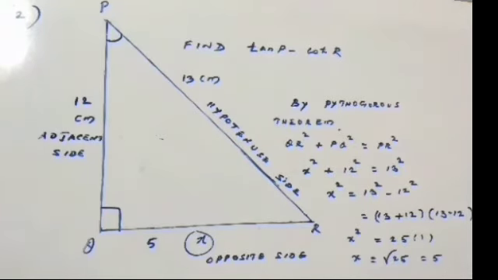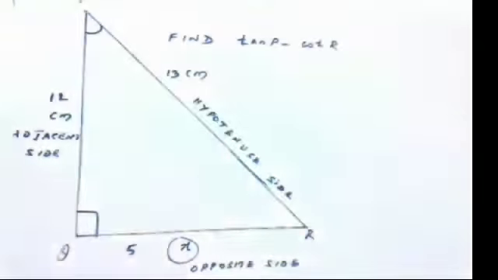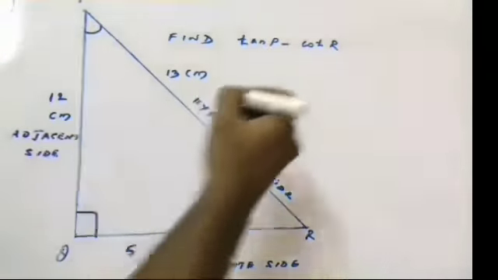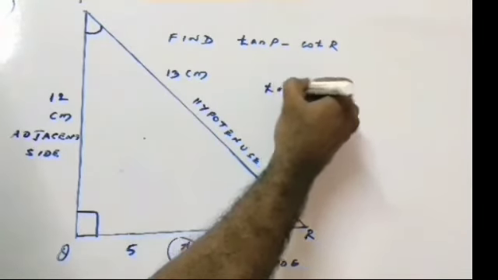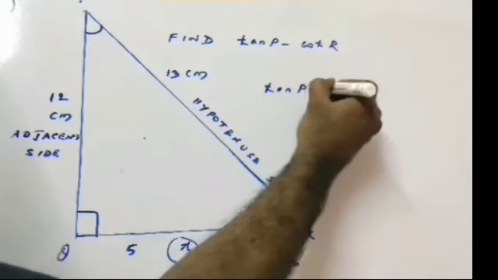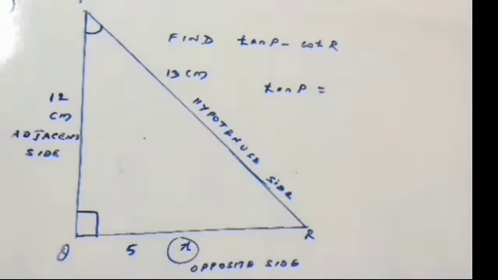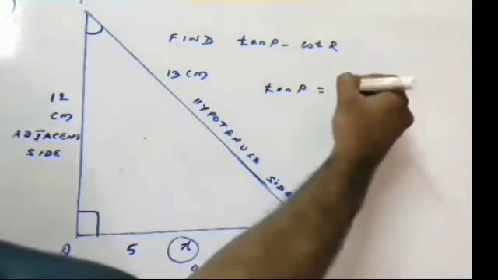By using the value, we can easily find out the value of tan P. We know that tan theta equal to opposite side by adjacent side. Here angle is P. So opposite side is QR.